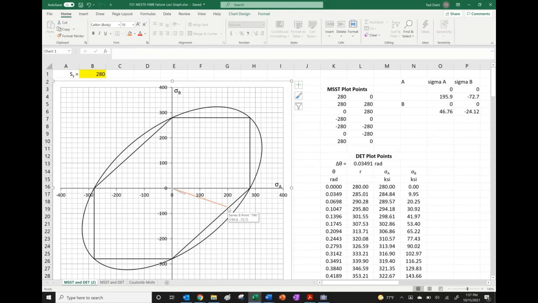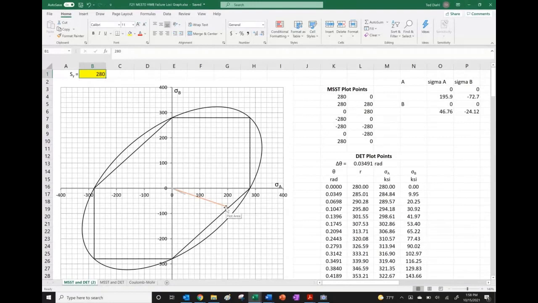I don't think so. 199.6 and 280 is 280. Everything looks correct, but I'm just a little flummoxed by that.